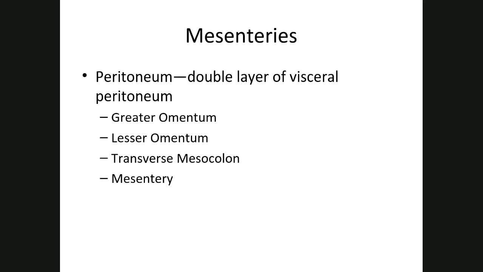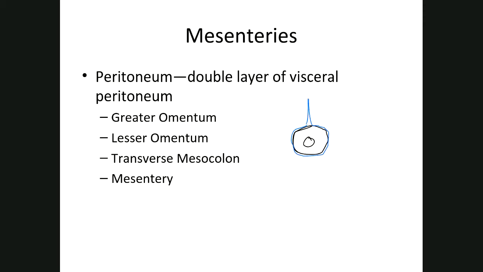Well, in some places, the visceral peritoneum is 2 layers. So look, if this is an organ, there's my lumen right there, and I have the peritoneum around it. This is visceral peritoneum as it goes around. Visceral peritoneum, visceral peritoneum, visceral peritoneum. But when it gets here, this happens. And if I go away, this happens.